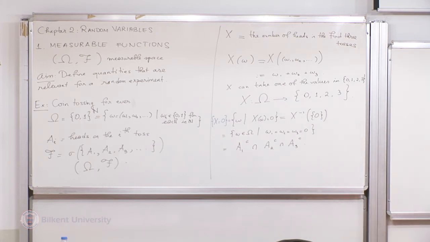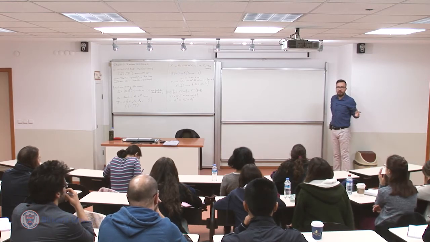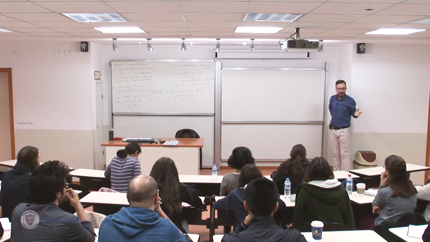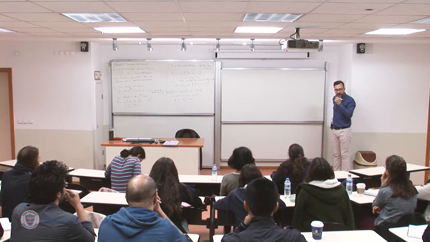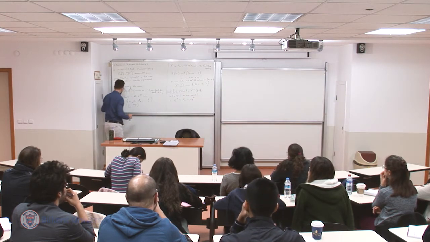So what can you say about this event? What kind of a set is this? So whenever you have a subset of omega, what do you look at? The sigma algebra. Is this in the sigma algebra that we define here? Is this event in F?